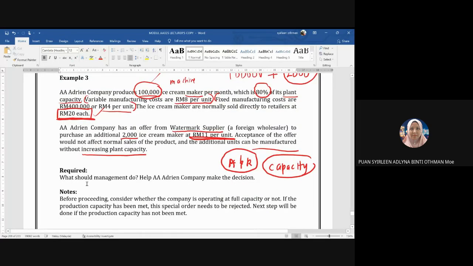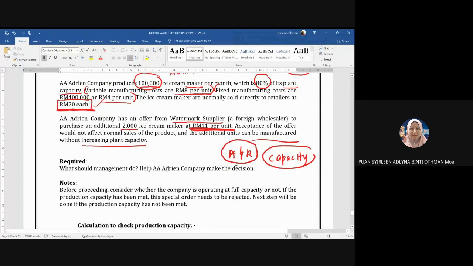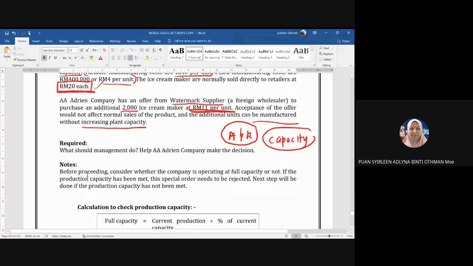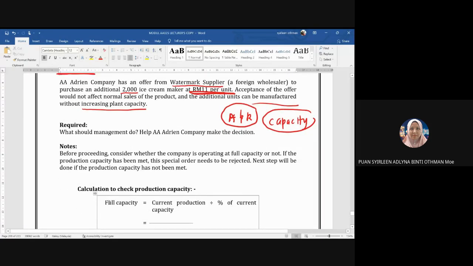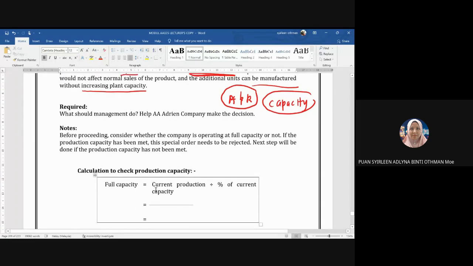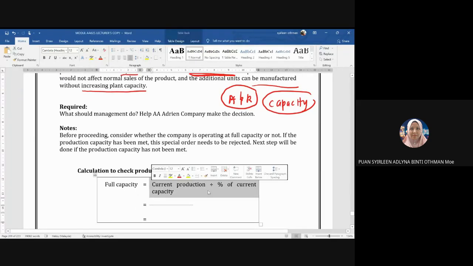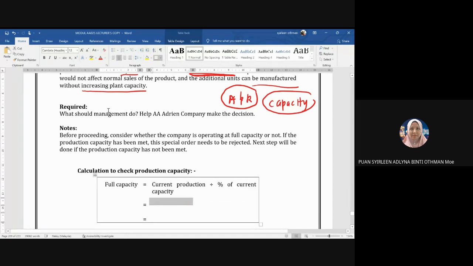Okay, so you need to help AA Adrian make the decision. So before proceeding, sebelum nak teruskan, kena kira dulu full capacity. So macam mana nak kira full capacity? So now you have your current capacity. Kita akan bahagi dengan percentage of current capacity. So we have here 100,000 unit bahagi dengan 80%.